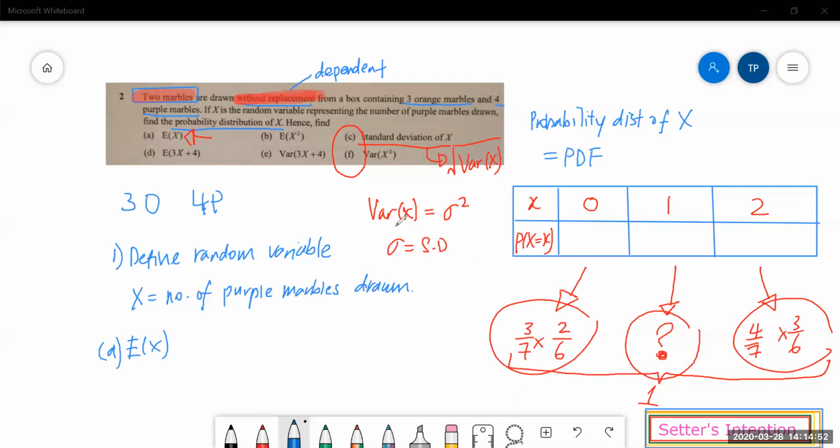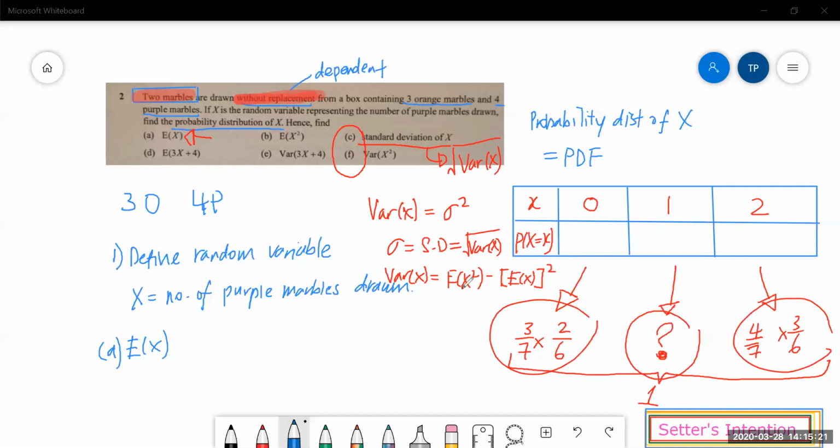So to find standard deviation, you just have to square root the variance of X. And we know that variance of X has the formula: expectation of X squared minus the bracket expectation of X, squared.